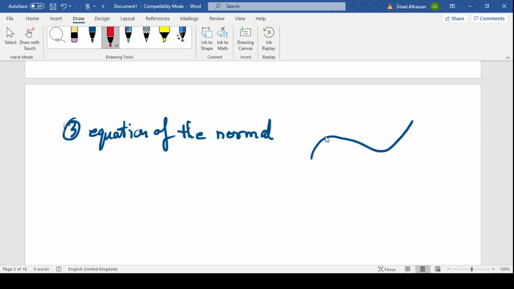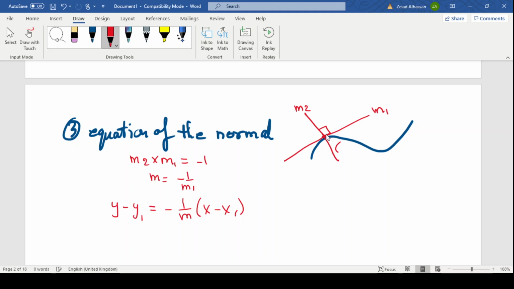So let's say the gradient of the tangent is m1 and the gradient of the normal is m2. As they are perpendicular, m2 times m1 is equal to negative 1. That's why m2 will be negative 1 over m1. So the equation of the normal is y minus y1 equals negative 1 over m times (x minus x1), where x1, y1 is the point of tangency.